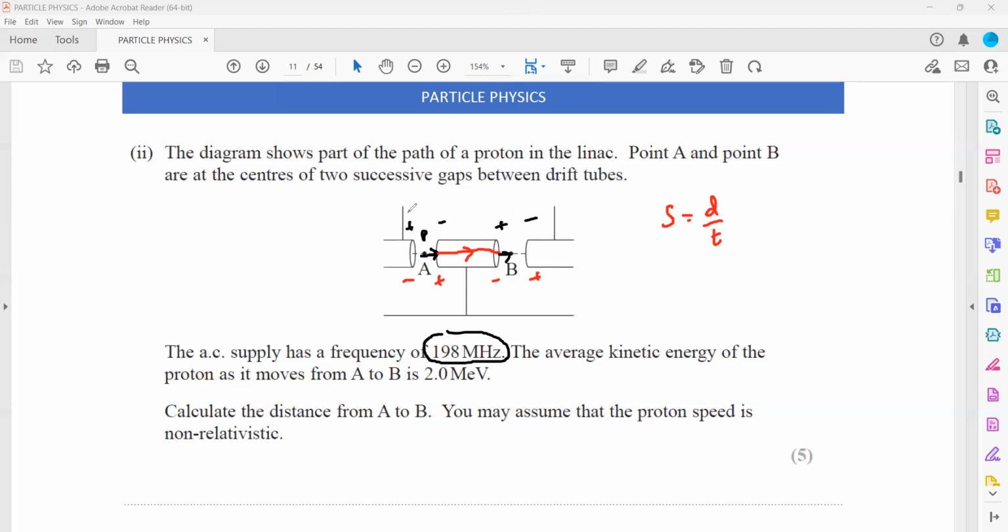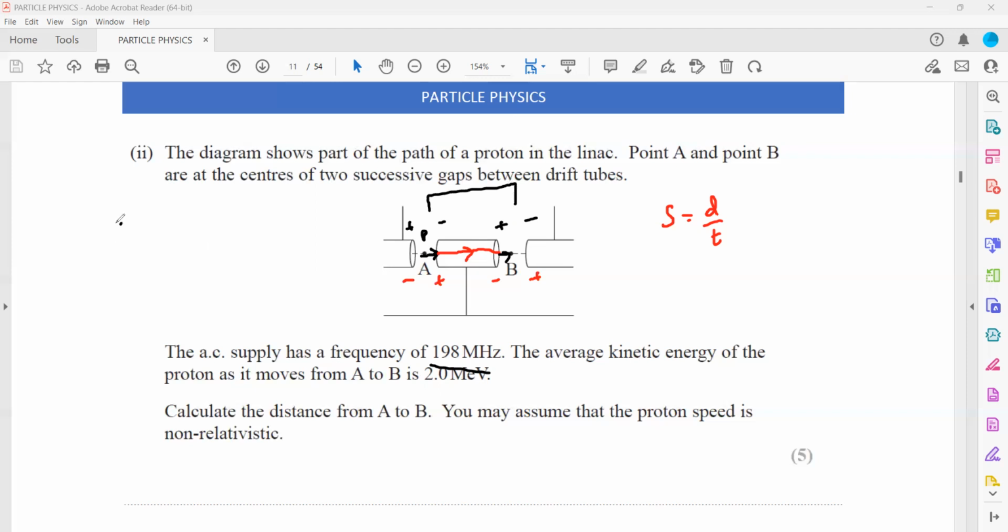So how many times the terminals change every second is called the frequency. This one is 198 megahertz. So 198 into 10 to the power 6 times it is changing every second. We need the time period, how much time it takes for a terminal to change back to the same value.